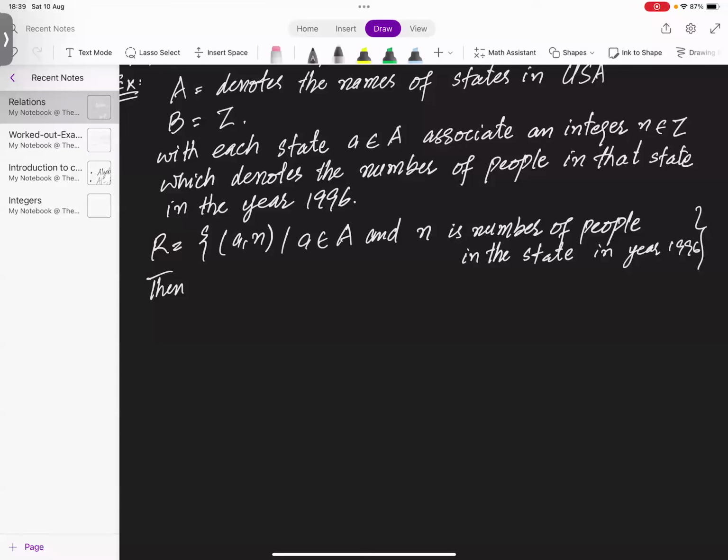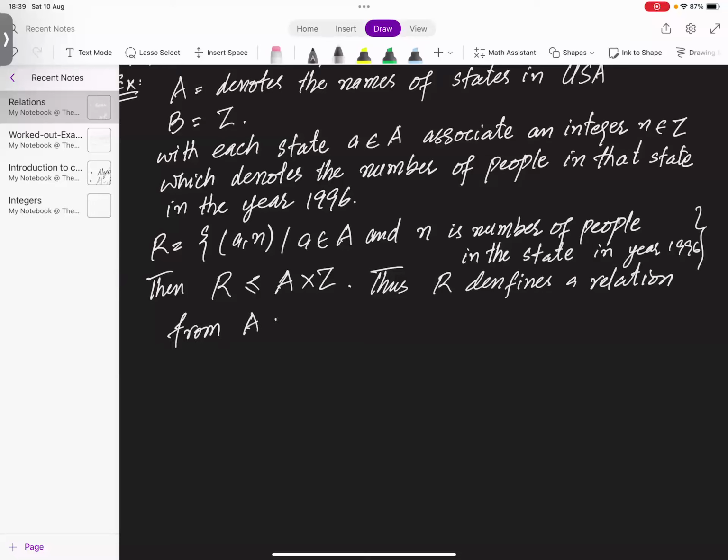Then R is a subset of A cross Z. Thus, R is a relation. R defines a relation from A into Z.